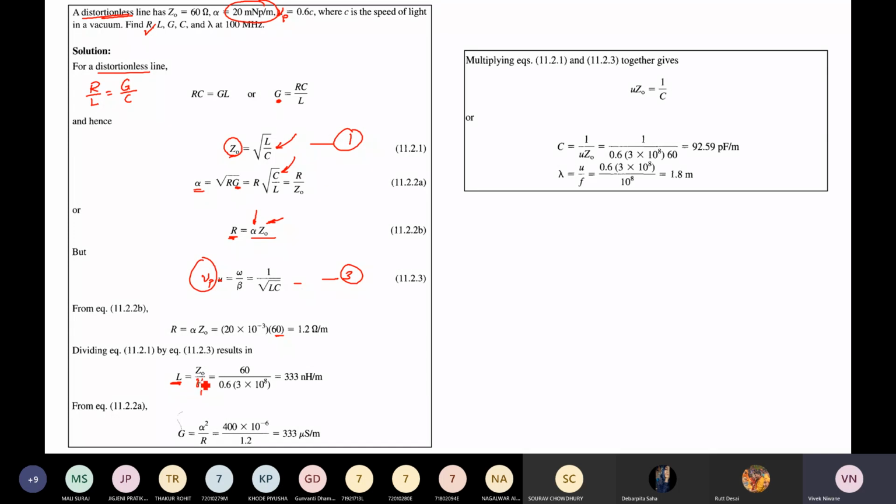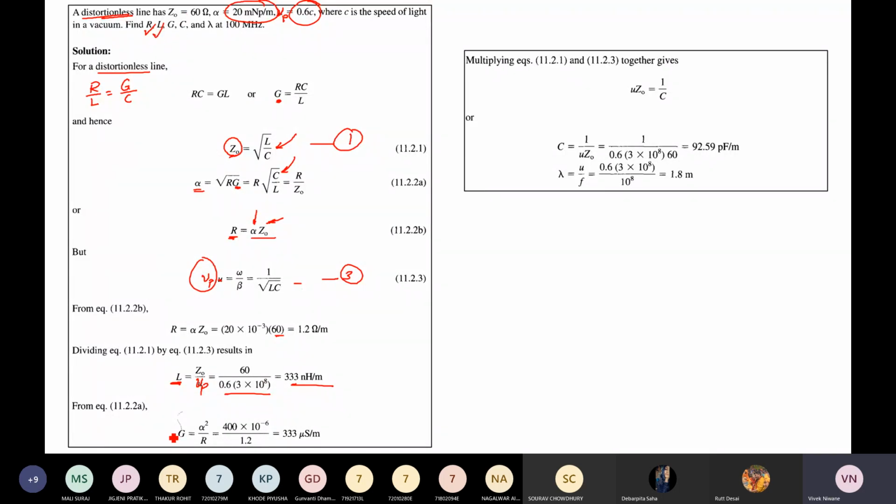So L is equal to Z0 upon Vp. Z0 is our 60. Vp is given in the numerical as 0.6c, that is 0.6 into 3 into 10 raised to 8. So we will have L from the unknown quantities.